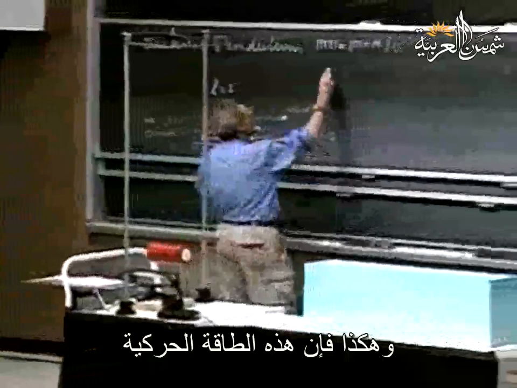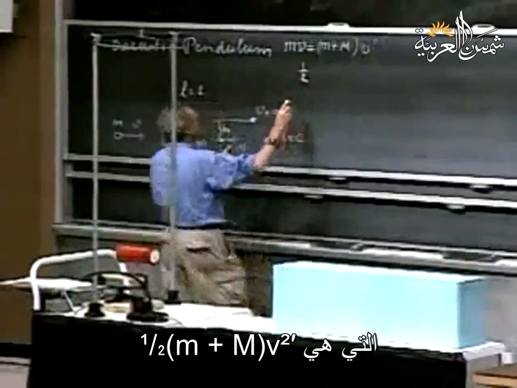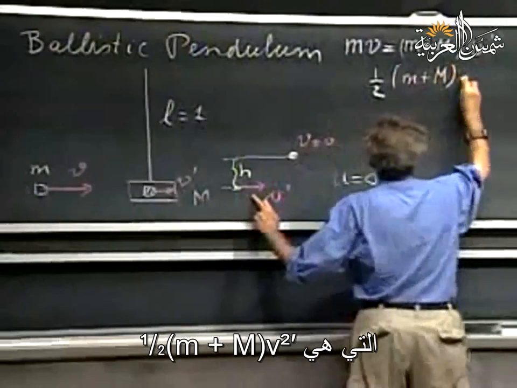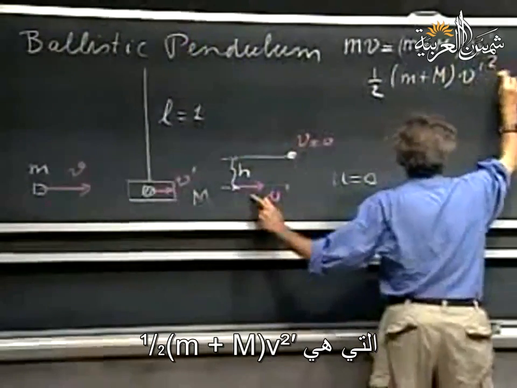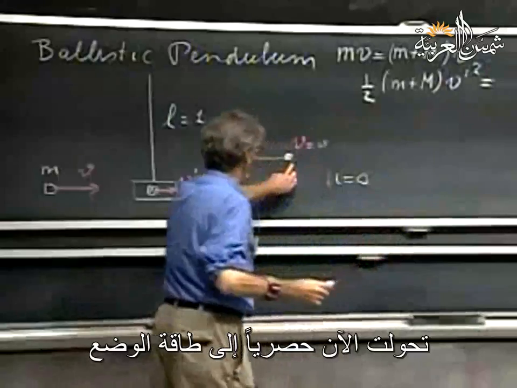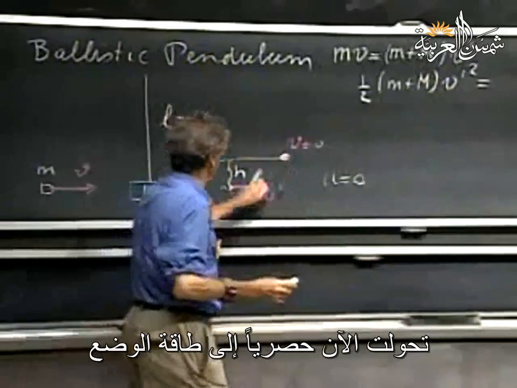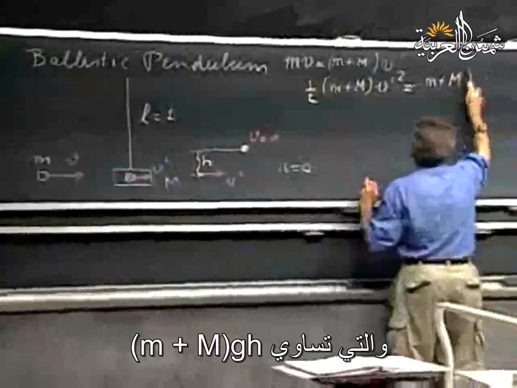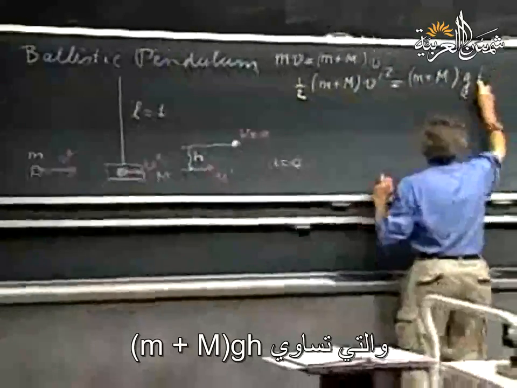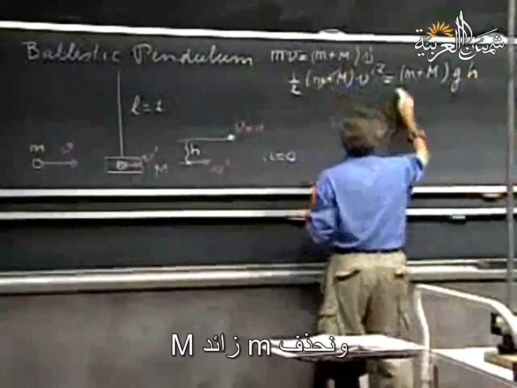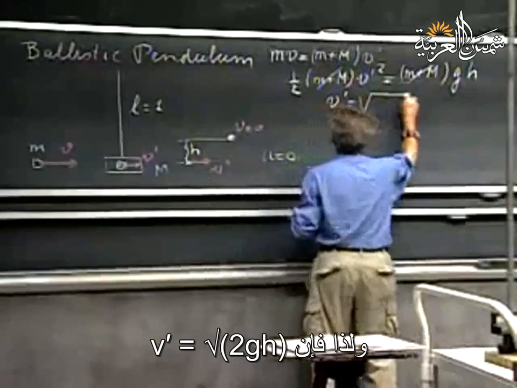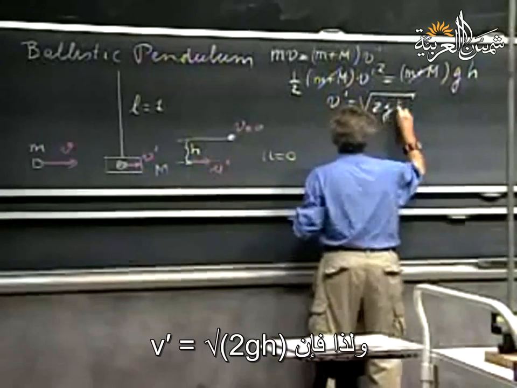And so this kinetic energy, which is 1/2 (M plus m) times v prime squared, is now converted exclusively to gravitational potential energy, which equals (M plus m) times g times that h.